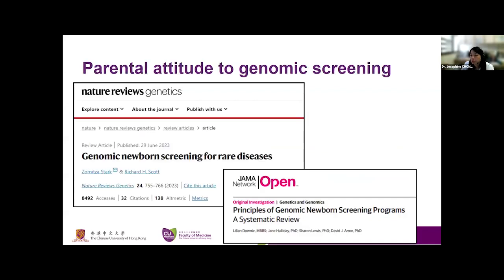And there are also different papers or groups that look at parents' attitudes to genomic screening, whether the parents accept it. Most of the research studies show that the general population had a higher acceptance towards genomic screening than some of the experts in this area.